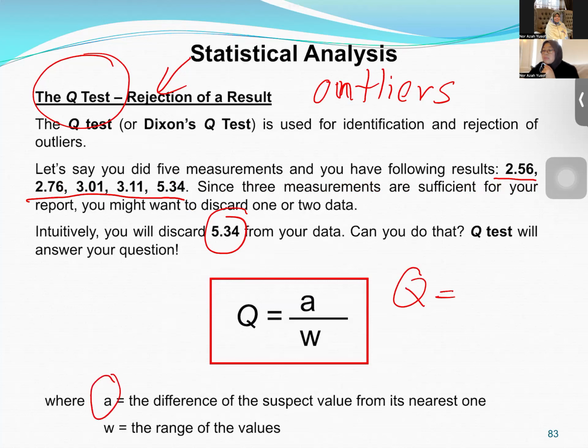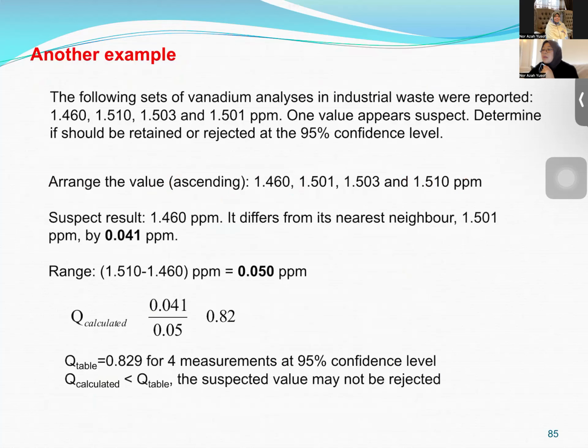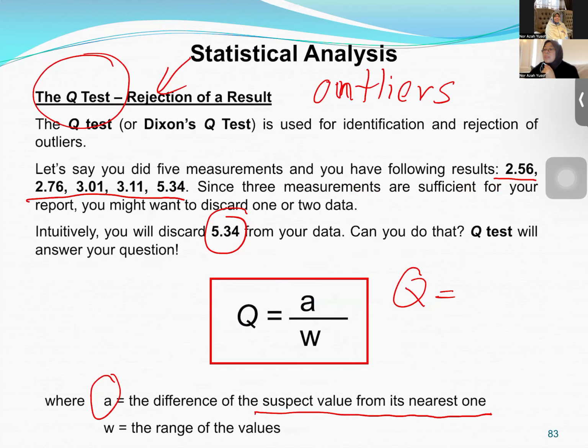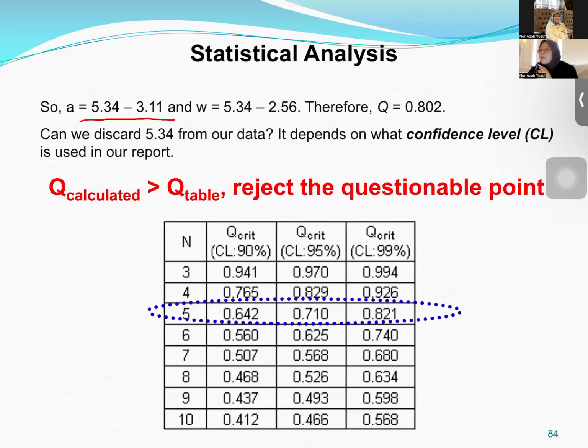A is the difference between the suspect value and its nearest value. So A is 5.34 minus 3.11, the nearest one. And then the range of the values is the biggest value, 5.34, minus the smallest value.